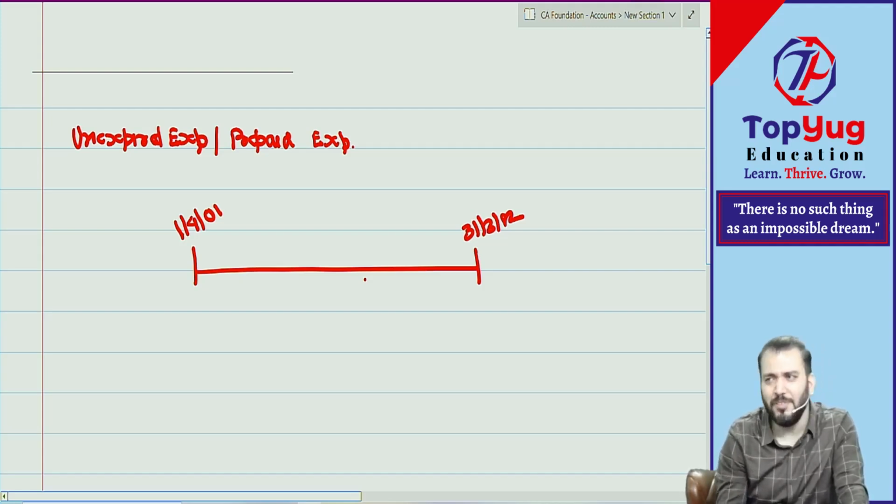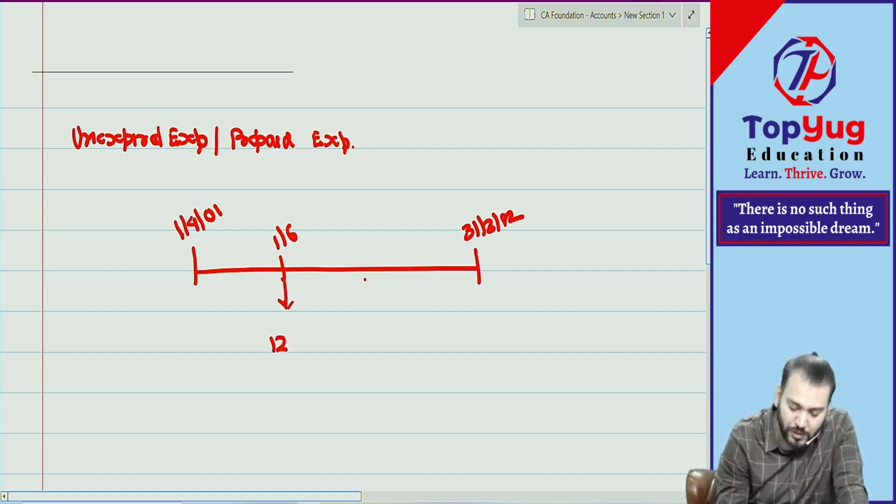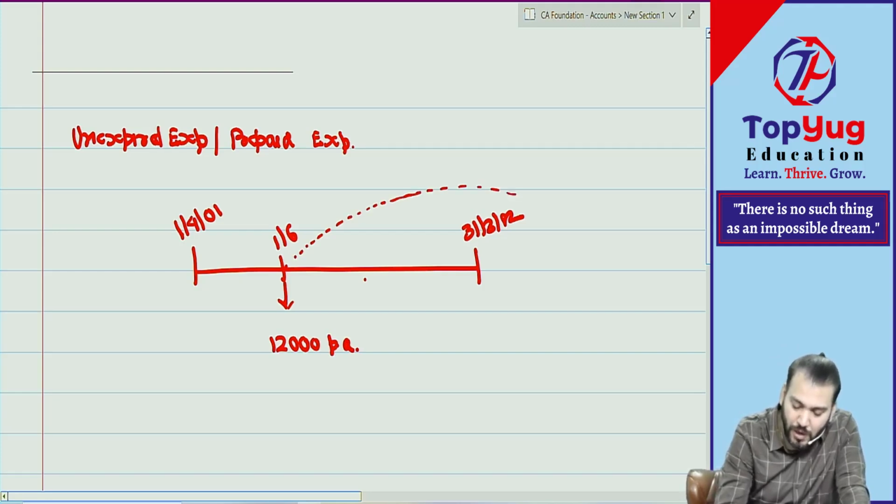But normally we take an insurance policy at any time during the year. Suppose you have taken it on 1st June and paid 12,000 per annum, so it will be from 1 June up to 31st May.